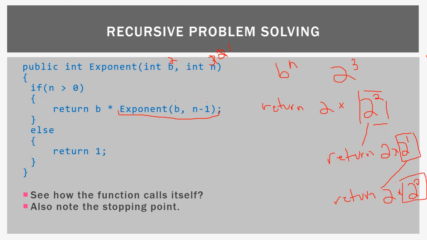But we have to call the exponent function again to try to return this. So now we're in our fourth call, where we pass 2 and 0. But in this case, when we get a 0, we're getting into the else branch. And the else branch just says return 1. If your exponent's 0, the answer is 1 always.